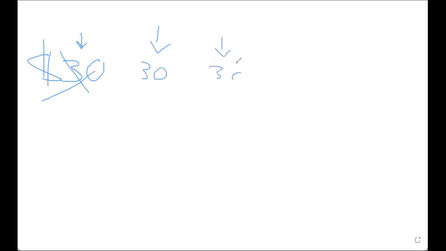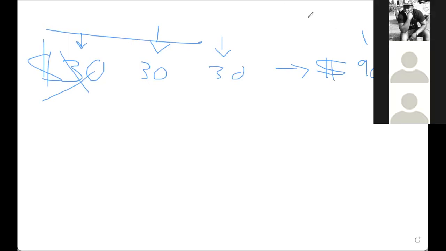This is for your day traders. Even if you have 3 losses in a day, you've only lost $90, which is almost just 1% of the account, which allows you to come back the next day, or whenever you get a setup, to recover your loss. So that's what I wanted to touch on.